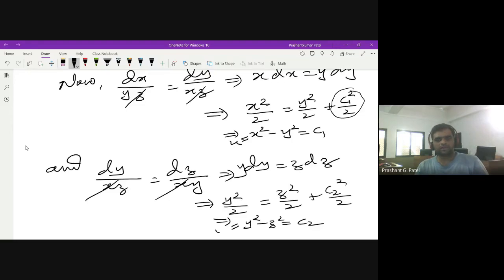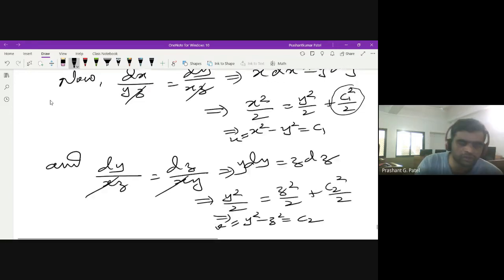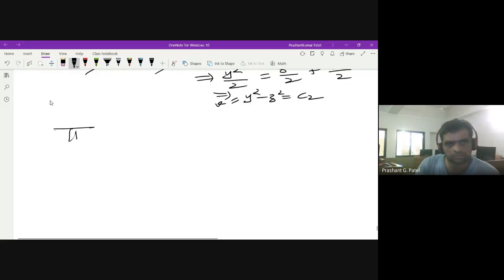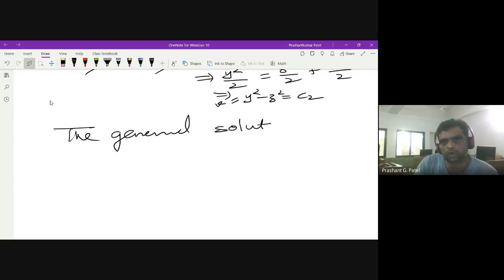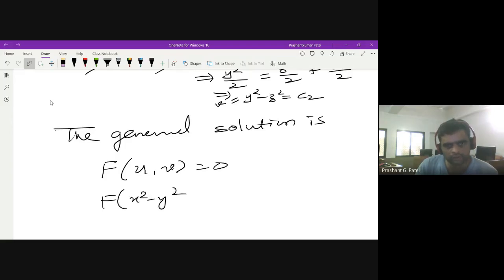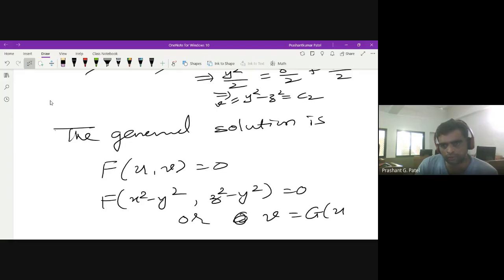This is my v. So therefore, the general solution, or I can say general integral, is f of u, v equal to 0. But what is u? It is x square minus y square. And what is v? It is z square minus y square, equal to 0. Or if you want, you can write v equal to g of u.